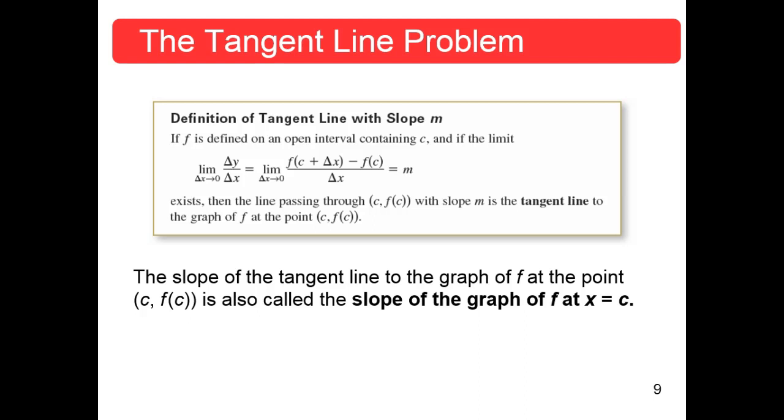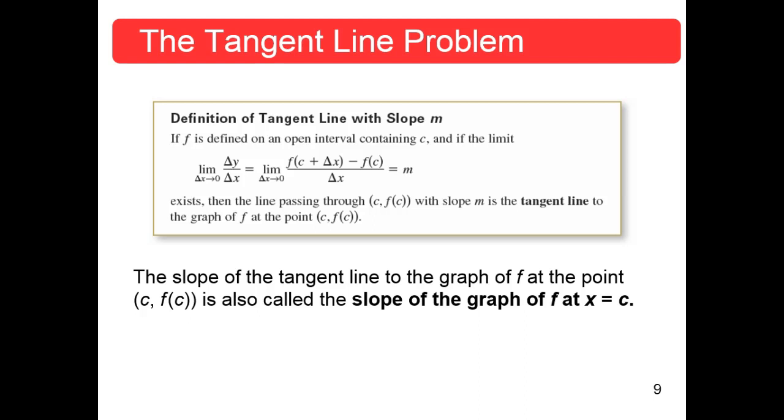If that limit exists, then the line passing through (c, f(c)) with the slope of m is the tangent line to the graph of f at the point (c, f(c)). Again, this would be an indeterminate form. If this is getting smaller as that's getting smaller, they're approaching 0, you can have a limit.